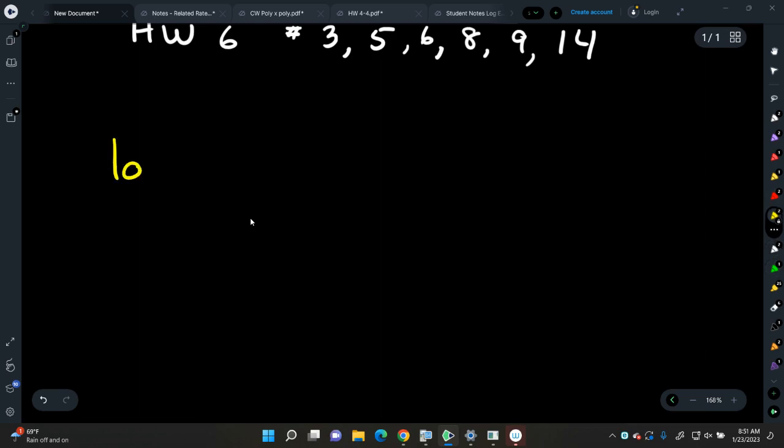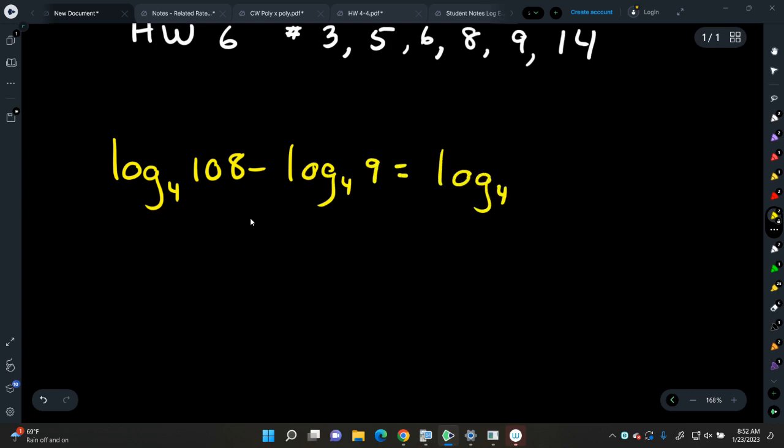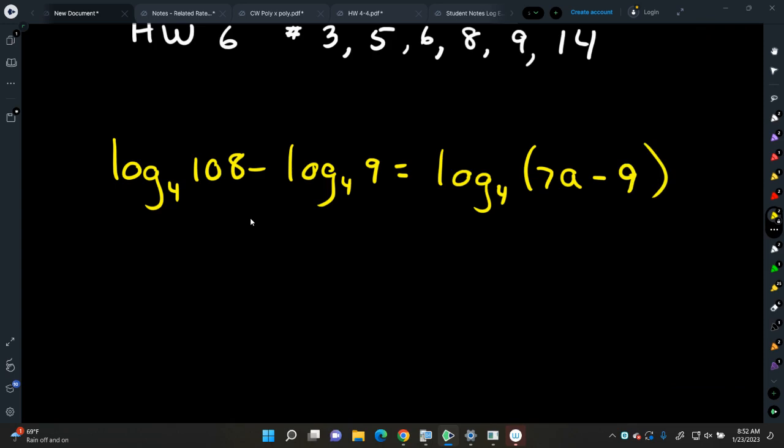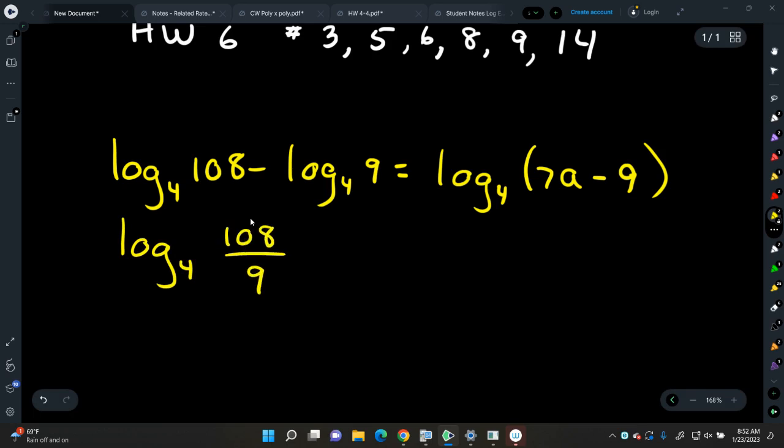So we've got log base 4 of 108 minus log base 4 of 9 equals log base 4 of 7a minus 9. This is number 5 on your homework. What do you think we can do? Condense the left side. And now we're right back to the first type that we learned, where we've got the same log on both sides of the equation.